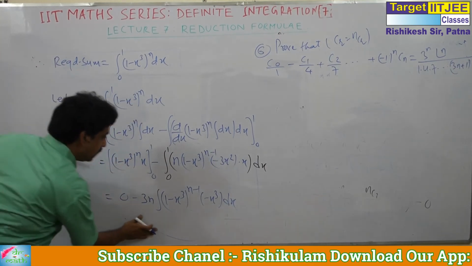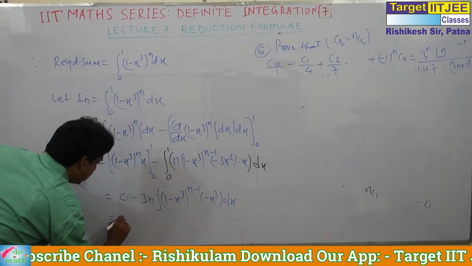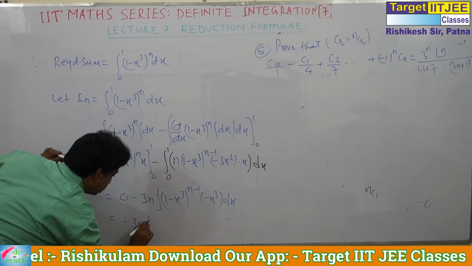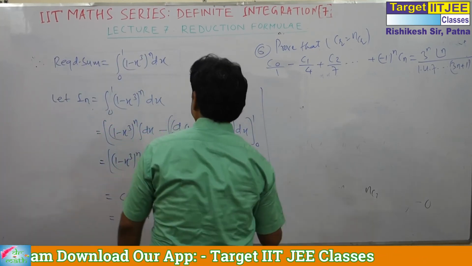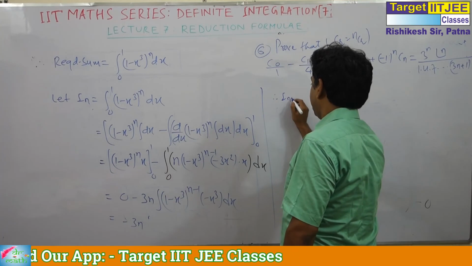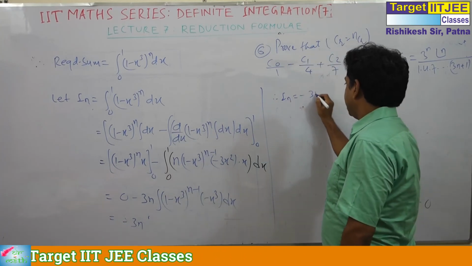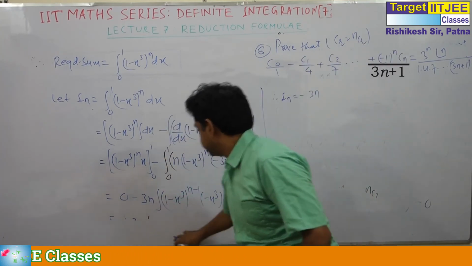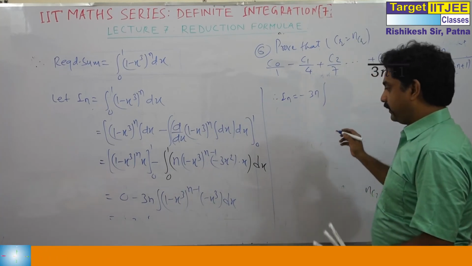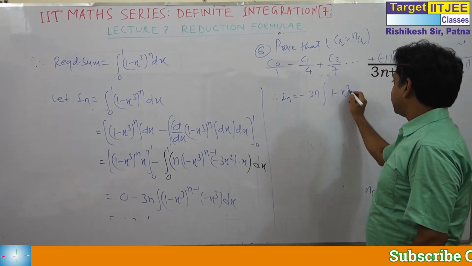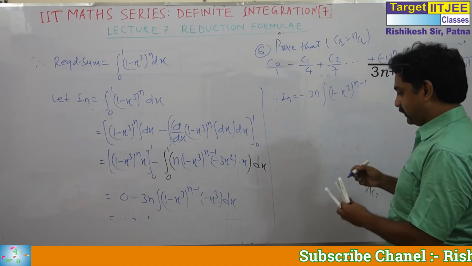Actually the next step is very important. Minus 3n, very important step. Minus 3n, integration sign, (1 minus x cube) to the power n minus 1.